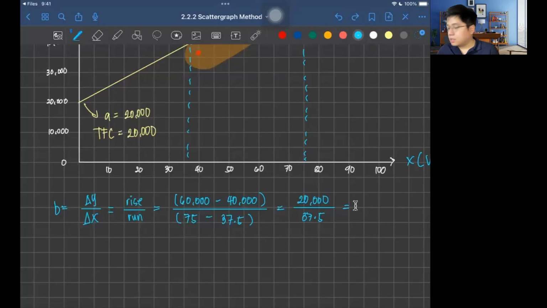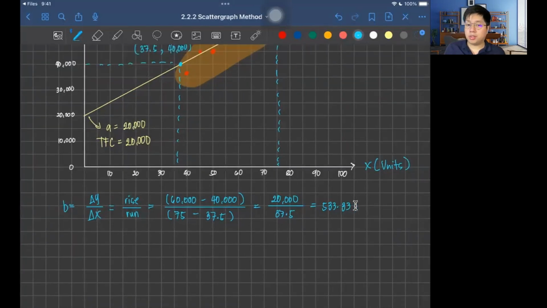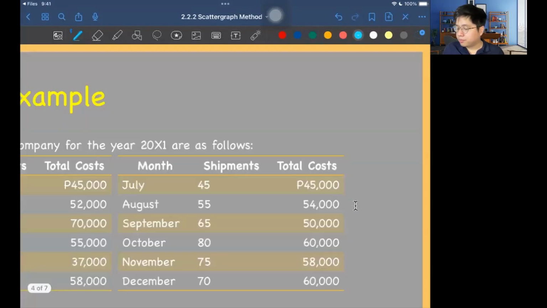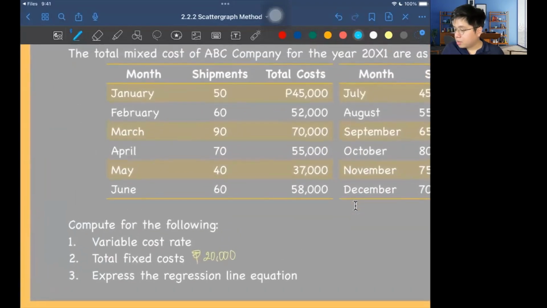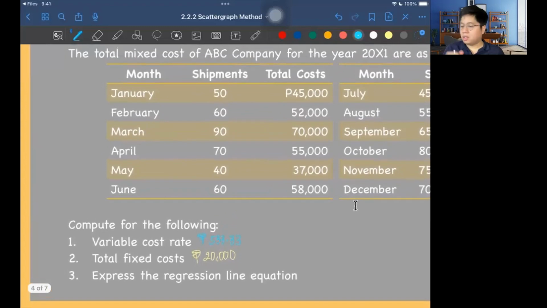That will give us 533.33. Now, this will be our variable cost per unit. So let's go back to the requirement. The first requirement here will be 533.33.